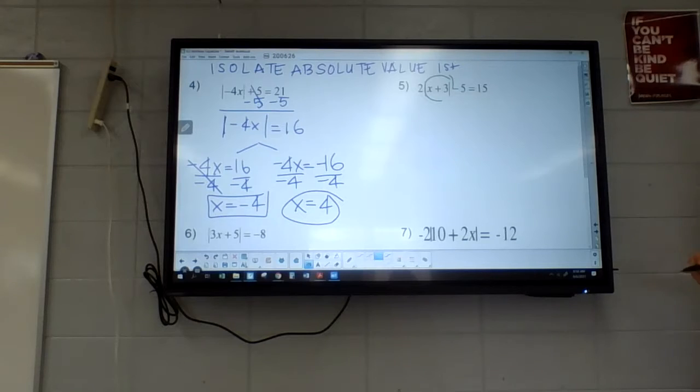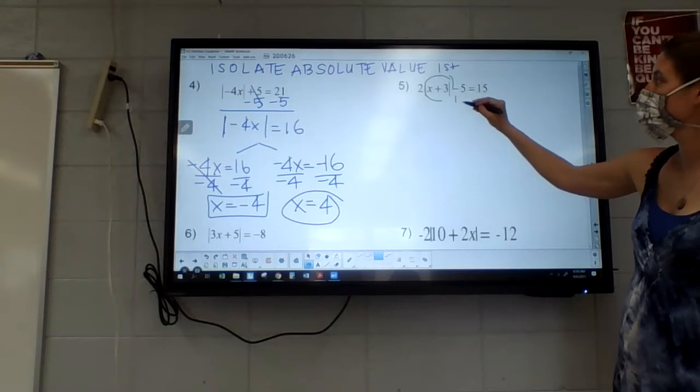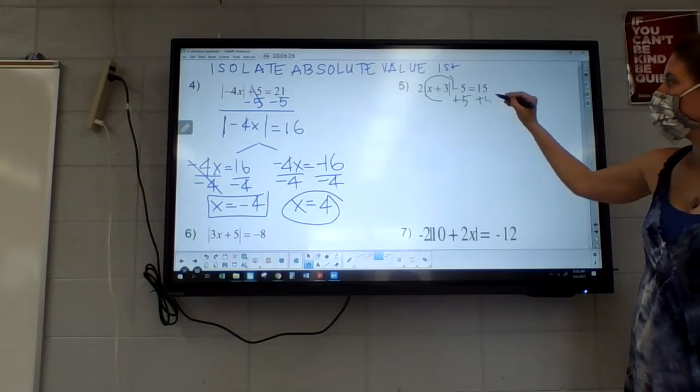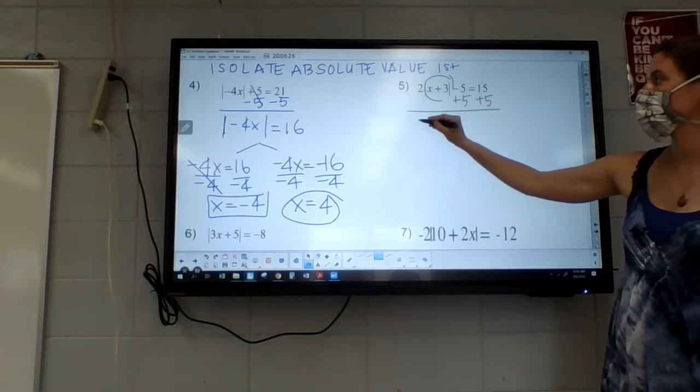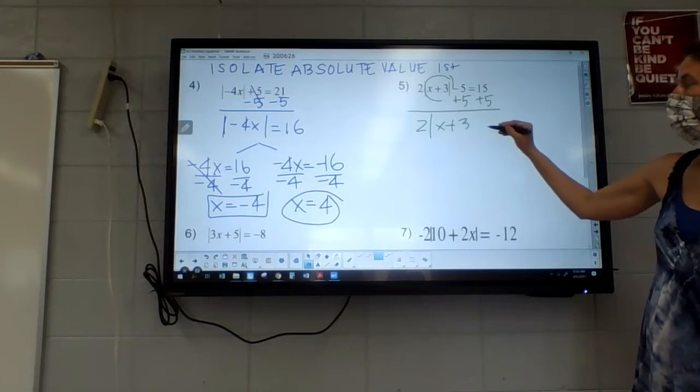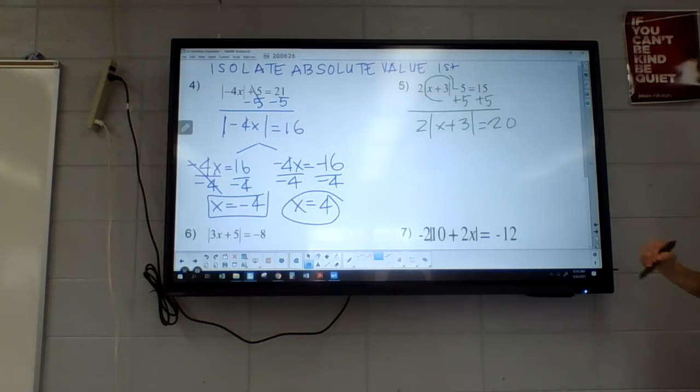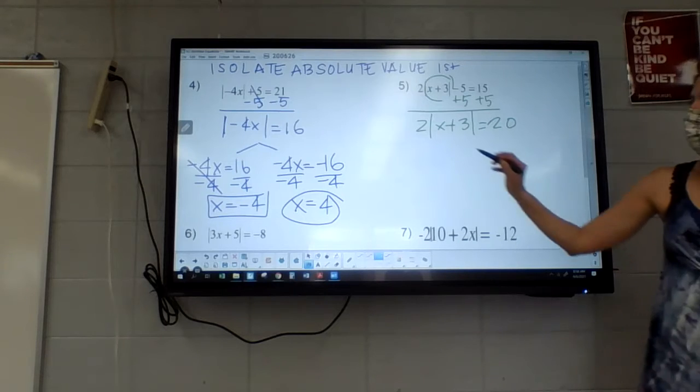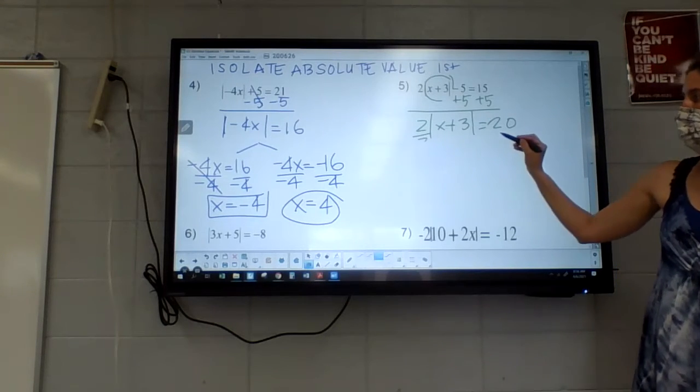So I want to move everything else away from that. So we're going to move that 5 over first before I set up my two equations. Then we're going to divide by 2. We have to get rid of that 2.